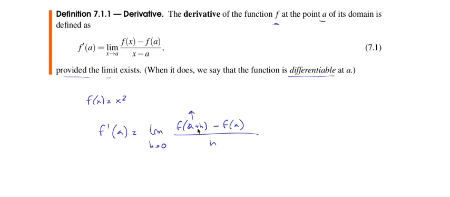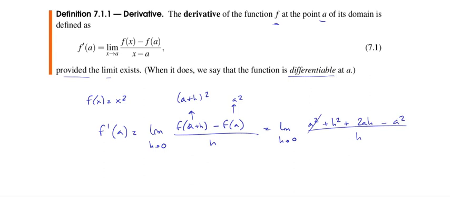But f of a plus h is (a plus h) squared, and this is just a squared. So this is the limit when h goes to 0 of a squared plus h squared plus 2ah minus a squared, divided by h.